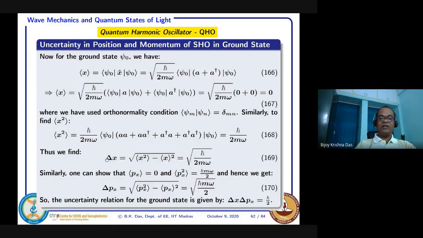Whenever you operate with a or a dagger on a state, you get a higher-order state, but you don't know whether it is normalized or not. So we need to find, by operating with a or a dagger, the normalization value.